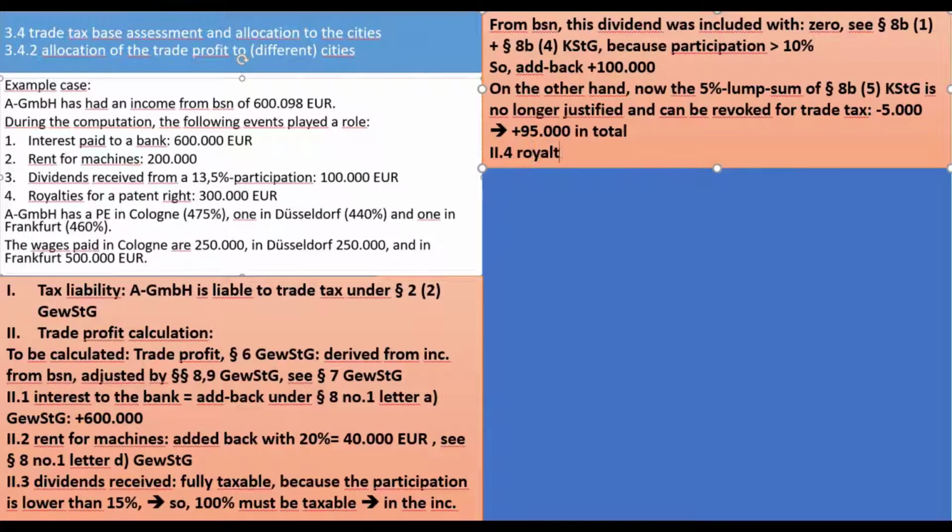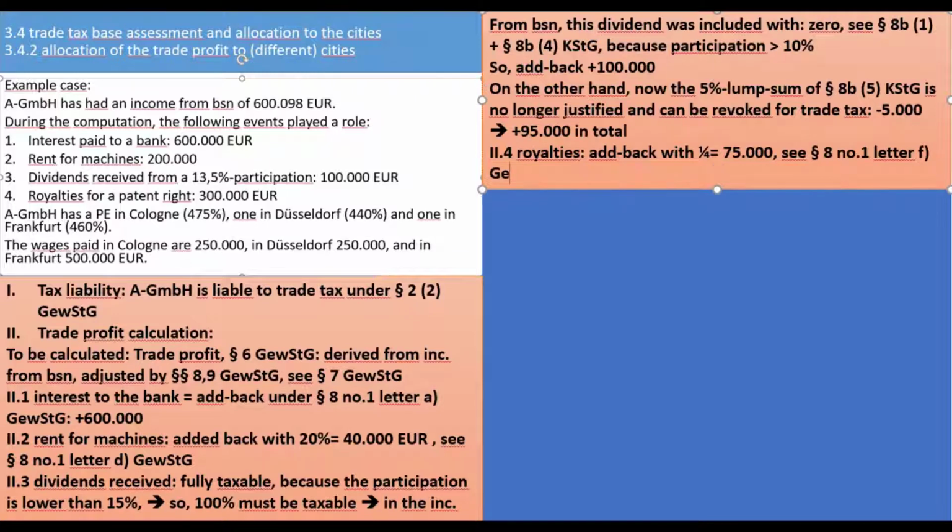2.4, the royalties. Add back with 1/4. So that is 75,000 euro. See paragraph 8, number 1, letter F, Trade Tax Act.